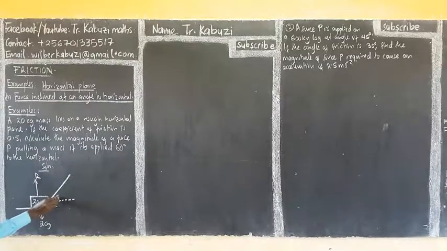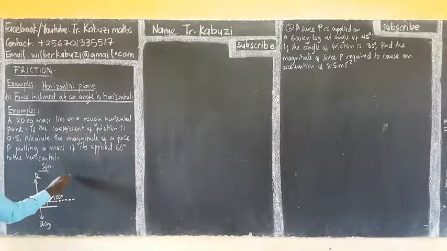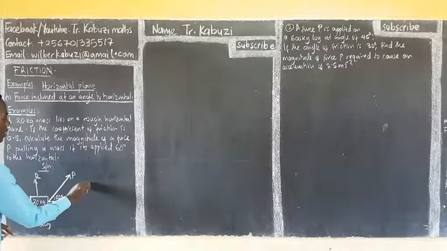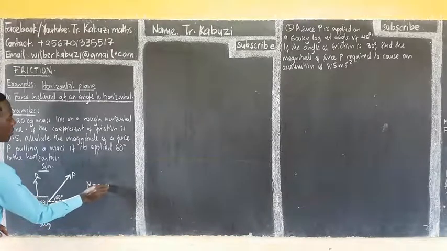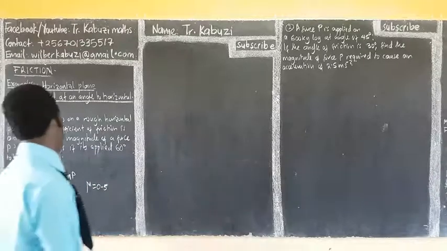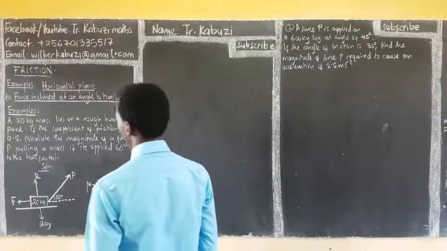So this angle here is 60 degrees, and this is our force P. If the body is going to move in this direction, we have a friction opposing it, and the coefficient of friction mu is equal to 0.5.